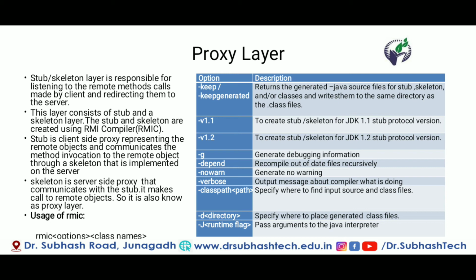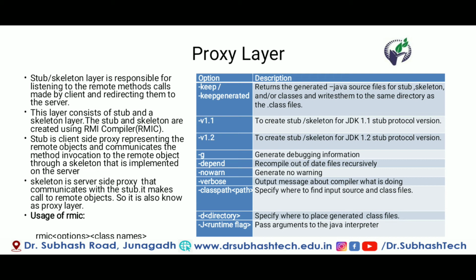When you use the RMI compiler, you just have to use RMIC in the command prompt, and there are different options available for how you can call methods using the stub and skeleton. The syntax is rmic, options, and class name. So there are two parameters you have to pass.